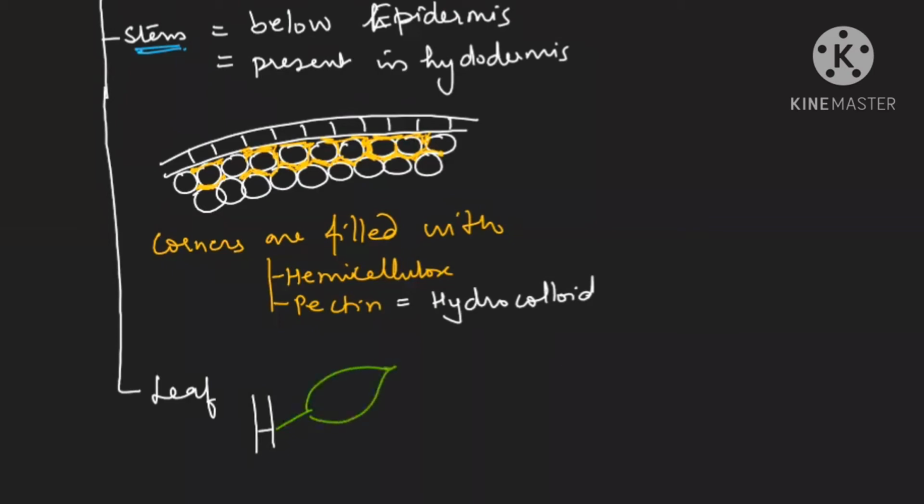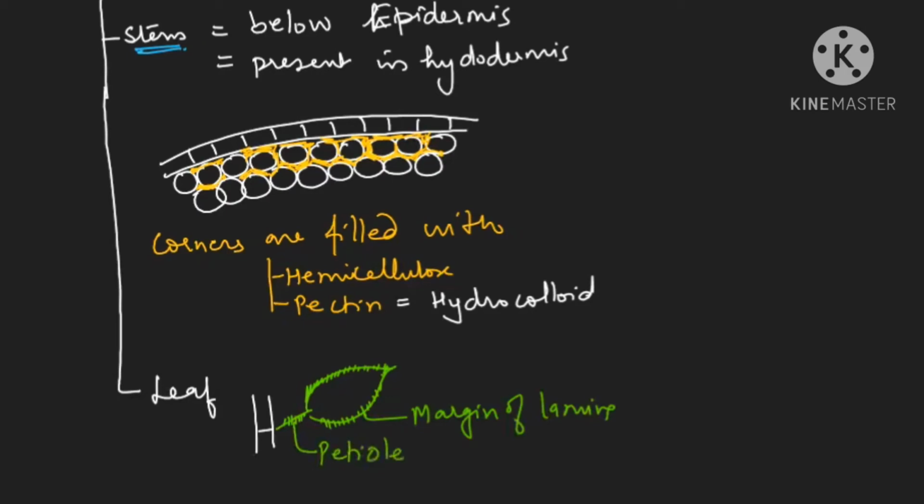So your collenchyma is present in this area. Collenchyma will be present on the margin of the lamina and in the petiole.